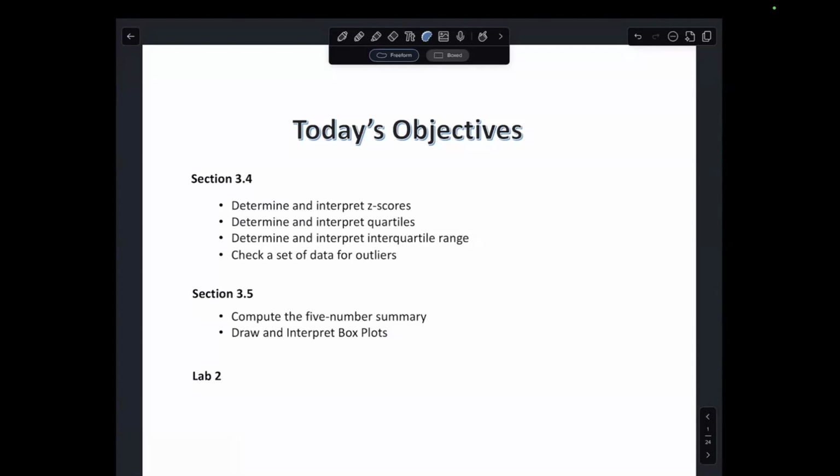So today is super important topics, but don't I say that every week? I feel like the Z scores are the most important thing we're going to learn today, and the lab. I don't use a lot of box plots, but you will need to draw one on your test, so take good notes on that. I don't use median a whole lot in my real life anyway.